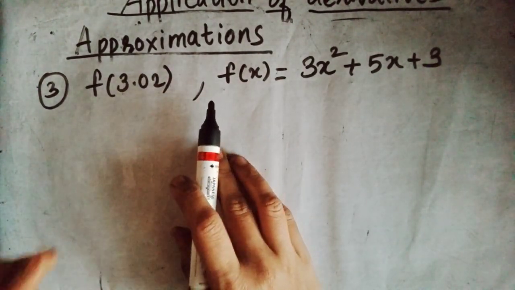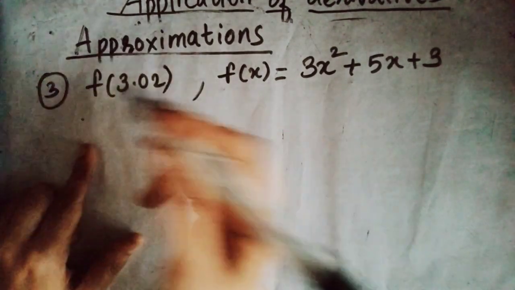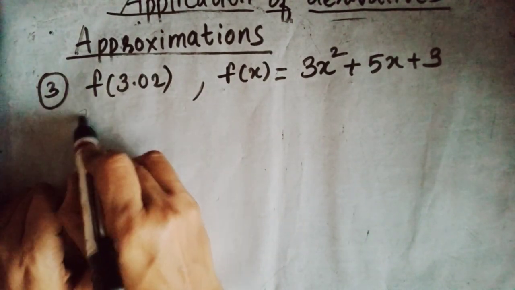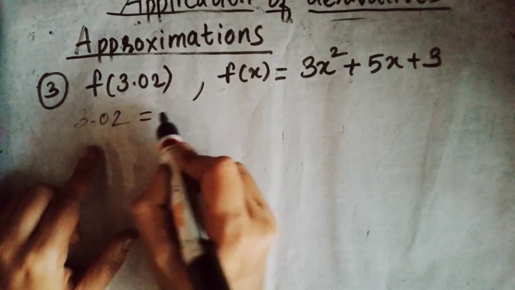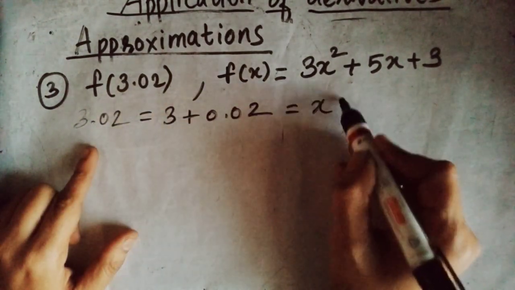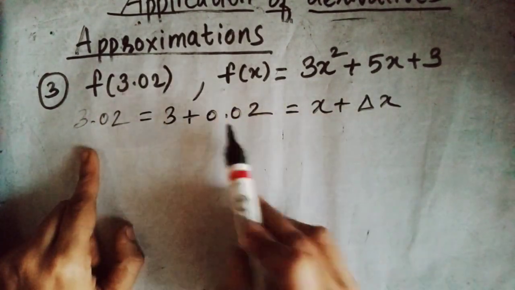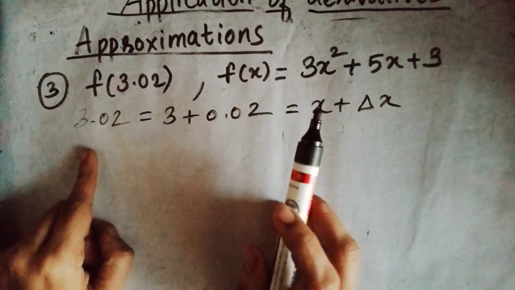Your x and del x you have to find. So 3.02 you can split, right? So this will be 3 plus 0.02. So this is your x plus delta x. So your x is 3 and delta x, that is change, is 0.02.